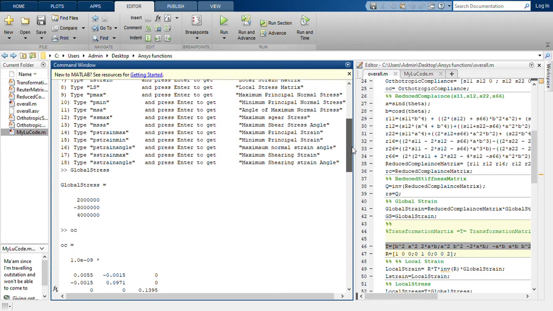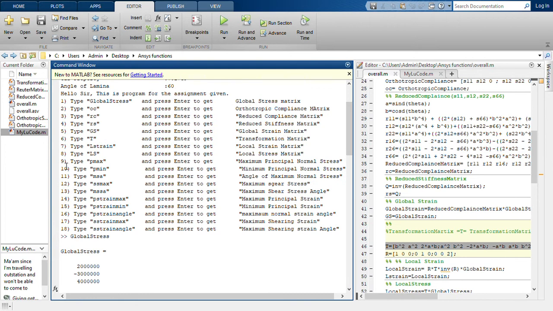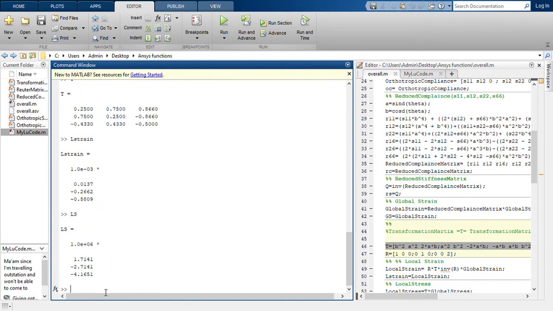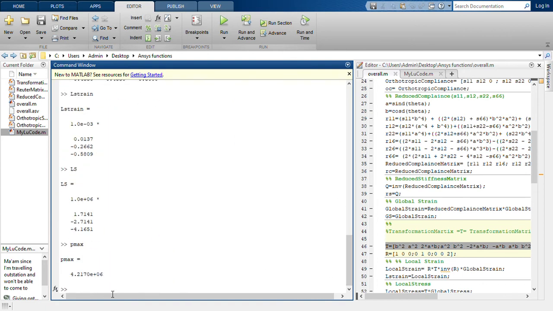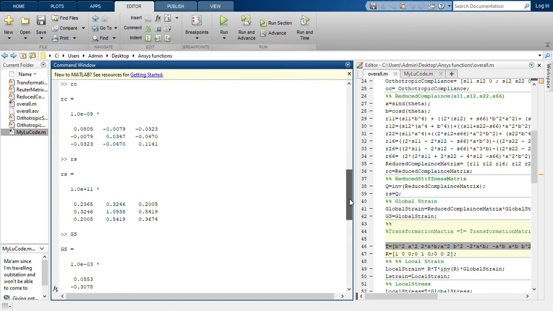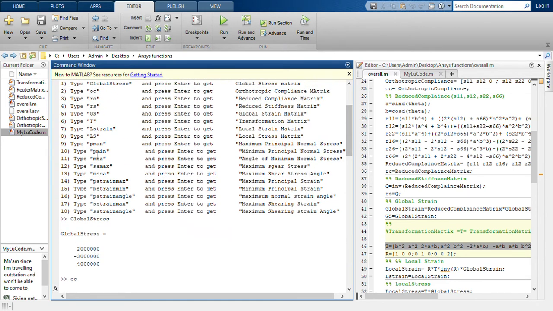The next is point 9, the maximum principal normal stress. As we know, we can derive sigma max and sigma min. For sigma max, we type P max and we get 4.217 megapascals, which is exactly the same as in the example.